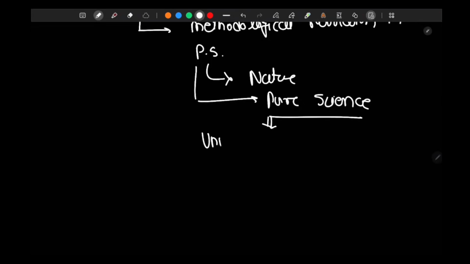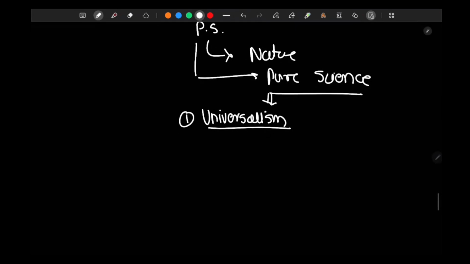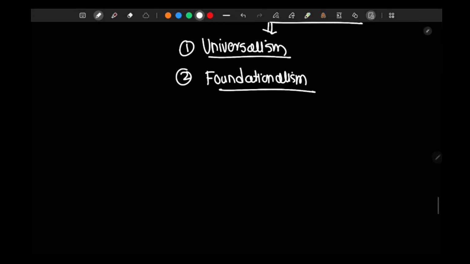You see things like universalism, that one theory is applicable across time and space. Then another feature of pure science is foundationalism. And the third feature of pure science is value free analysis.